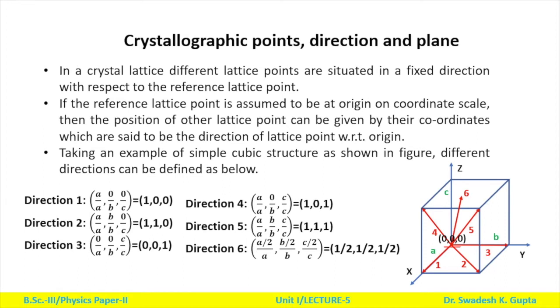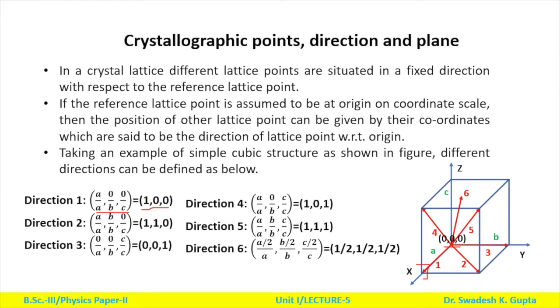So here are some examples. For the first one, the coordinate of this point will be a, 0, 0. Now if we divide this coordinate by the lattice constants a, b, c, then we will have the direction of the point.